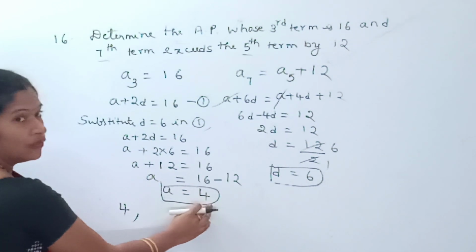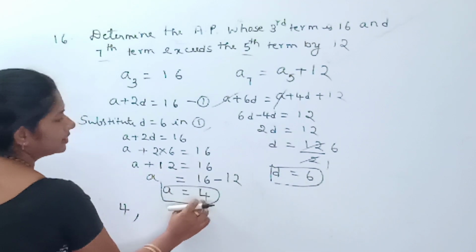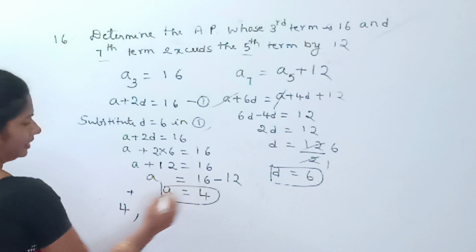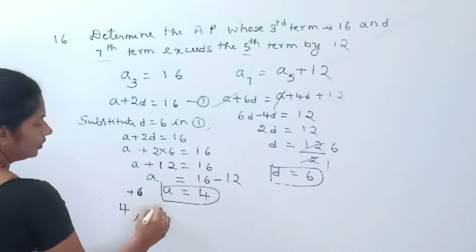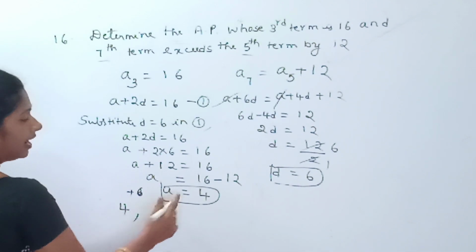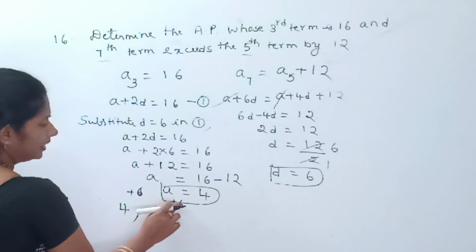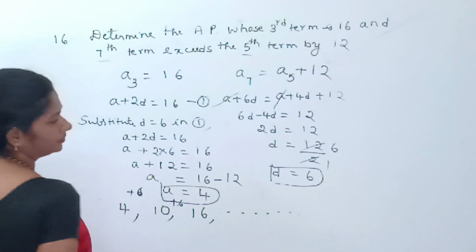Second term is, how will you get second term, children? Add the common difference to first term, you will be getting second term. So add the common difference 6 plus 4, second term is 10. Add the common difference to second term, you will be getting third term. 10 plus 6, it is 16 and so on.